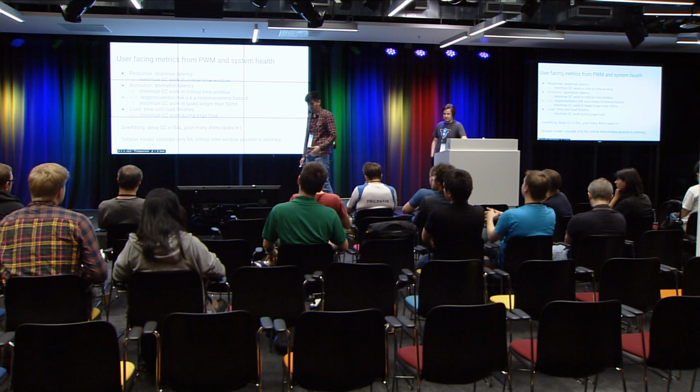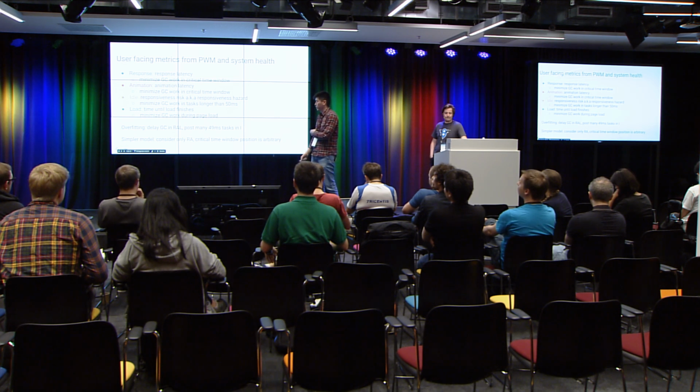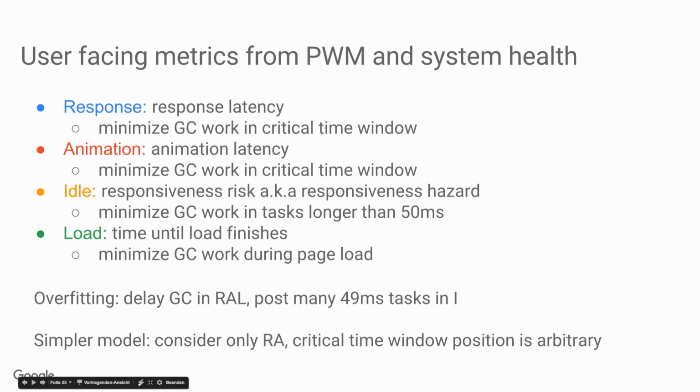So what we could do is simplify the model. We could say, let's for now ignore the idle phase because the garbage collector should work even if there's no idle time. And let's ignore the load because it's not really latency related. Then we are left with response and animation.